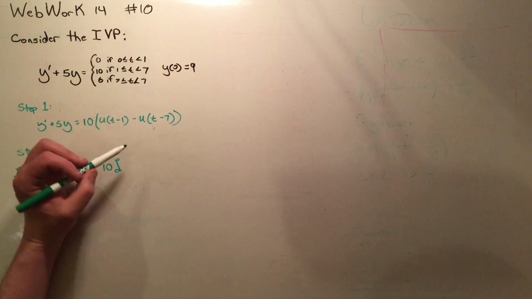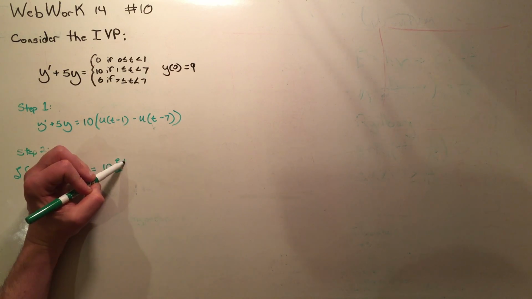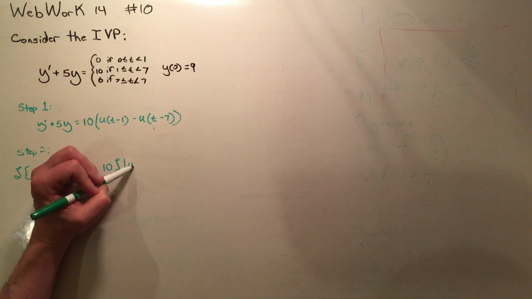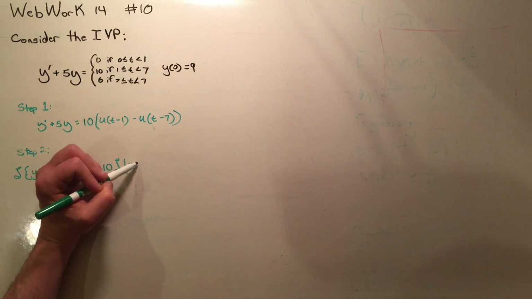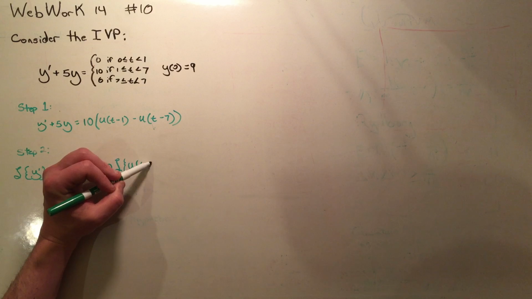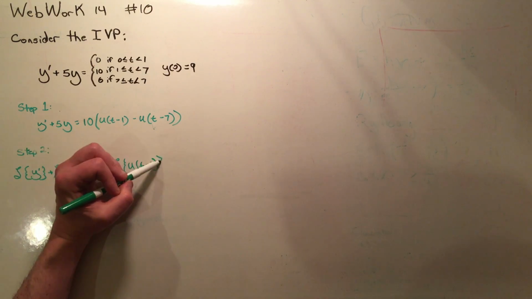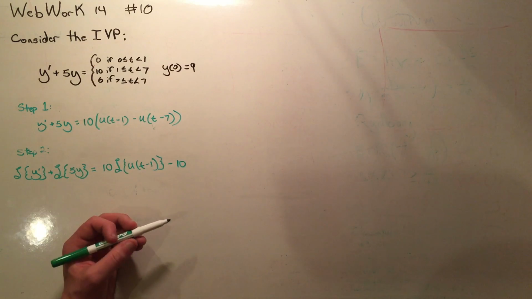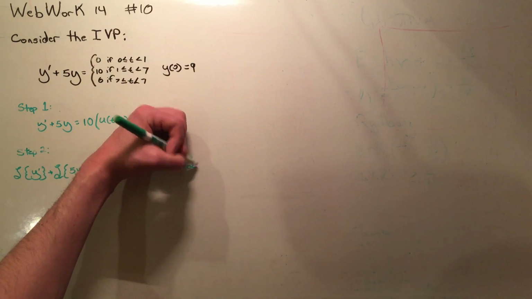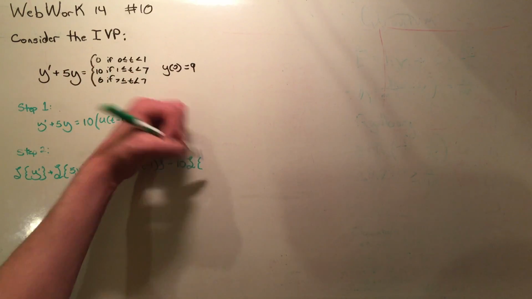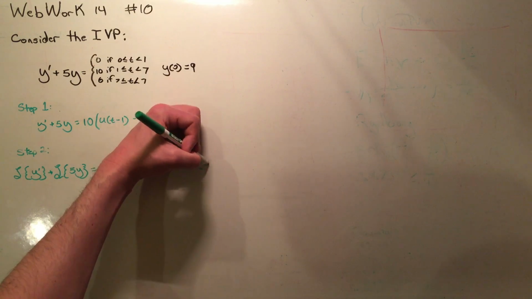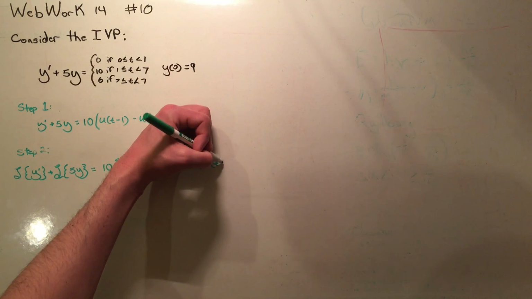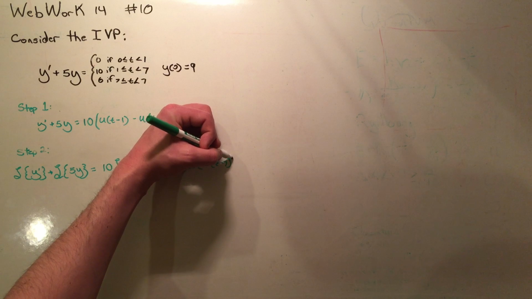It's a constant, so we can pull it out of the Laplace transform, times the Laplace transform of the t minus 1 step function, minus another 10 there, Laplace transform of the unit step function t minus 7.